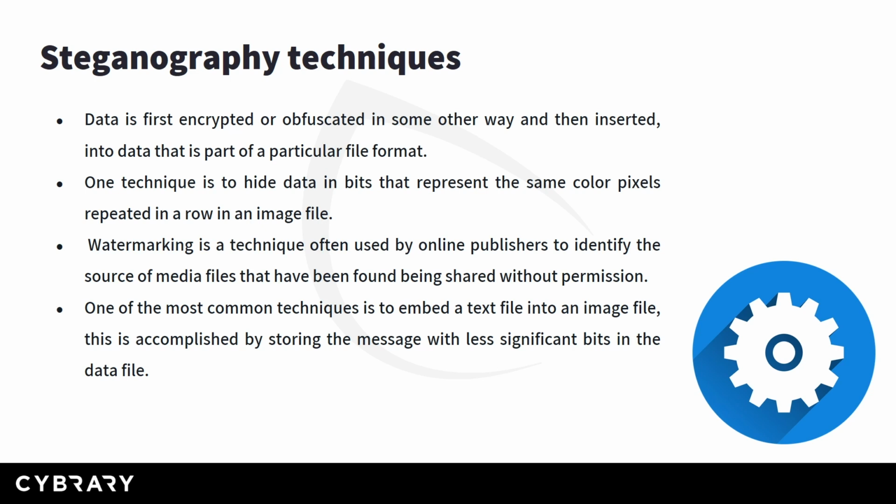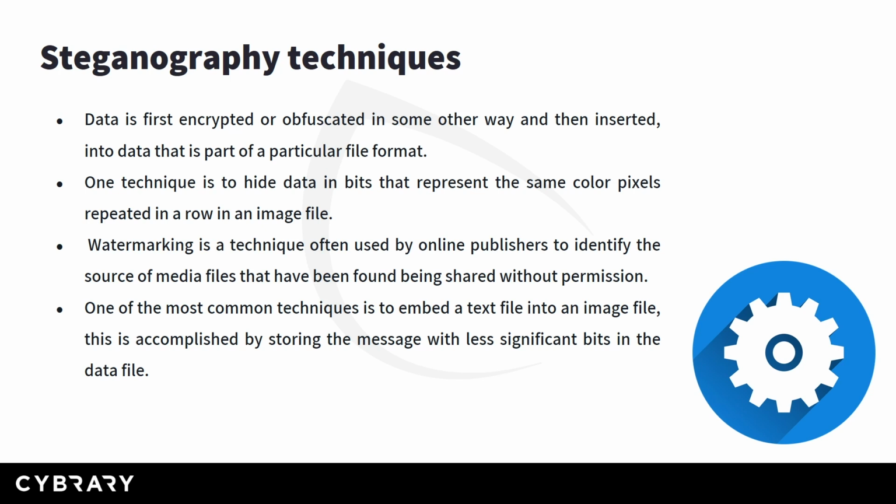The practice of adding a watermark, a trademark, or other identifying data hidden in multimedia or other content files is one common use of steganography. Watermarking is a technique often used by online publishers to identify the source of media files that have been found being shared without permission.